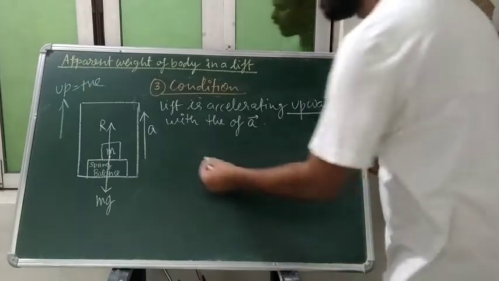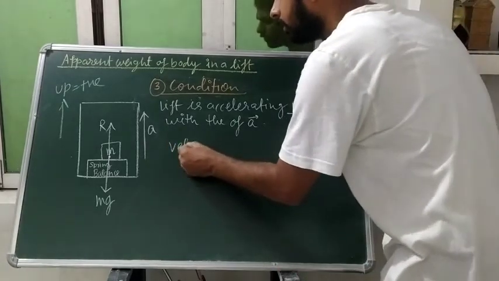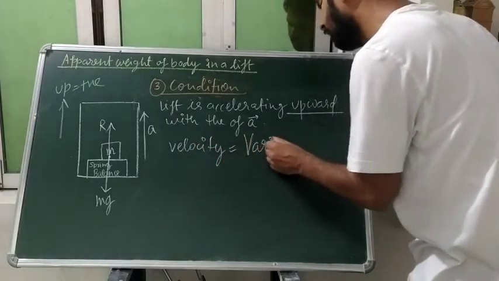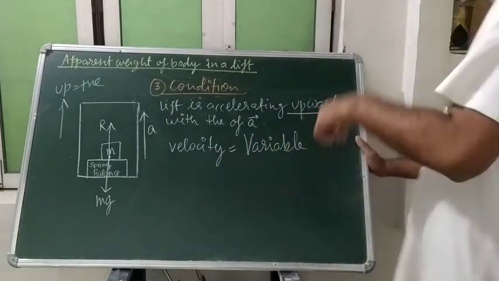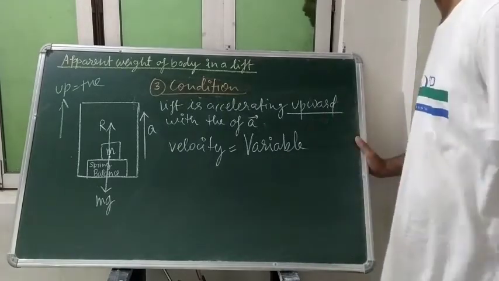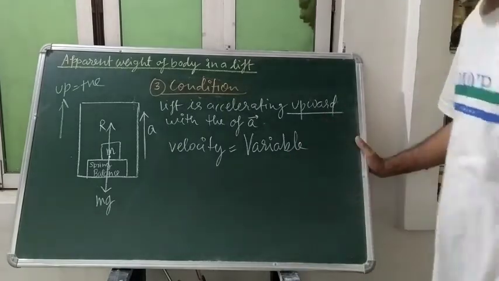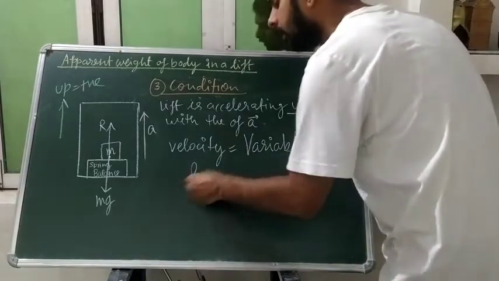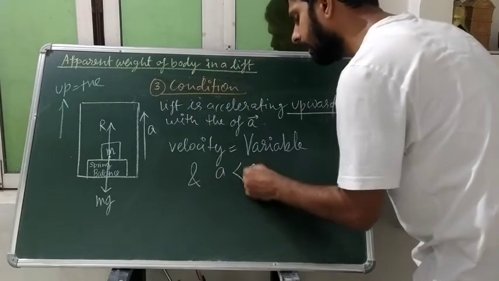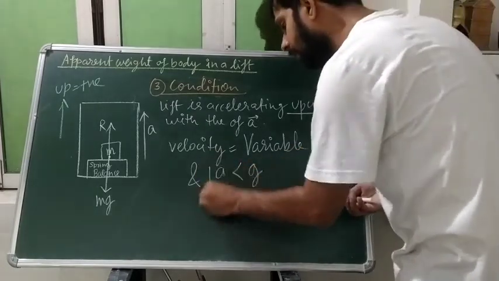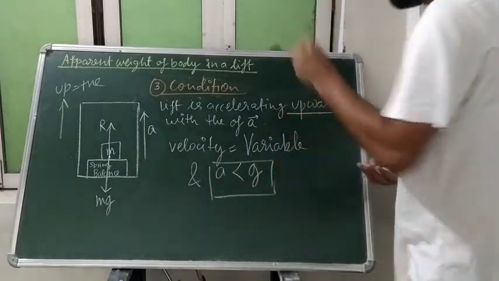And our velocity will be what? Velocity will be variable in this case. Only when the velocity is variable will there be acceleration. If velocity is constant, there is no acceleration. Velocity should be variable, then only acceleration will come, and this acceleration is less than g in this case, we are assuming.